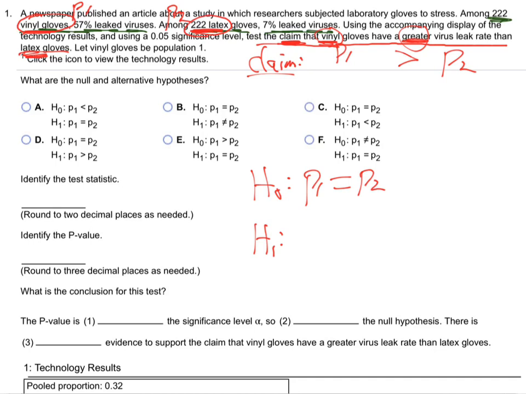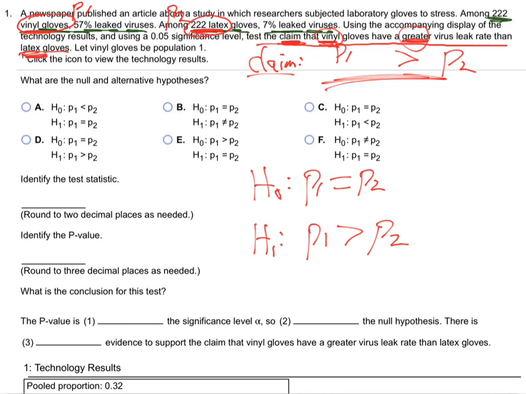And what am I going to put for H1? Since I've got a greater than, that'll be H1. I'm not going to write not equals. You only write not equals if you don't have a greater or less somewhere already. Just like in the last chapter, we just have two populations now instead of one.